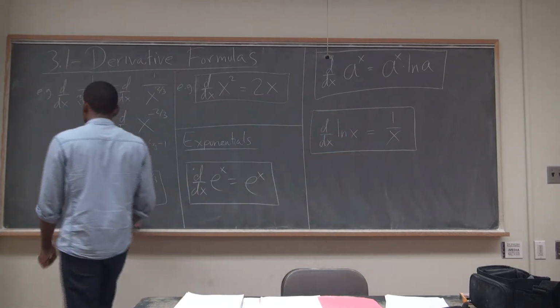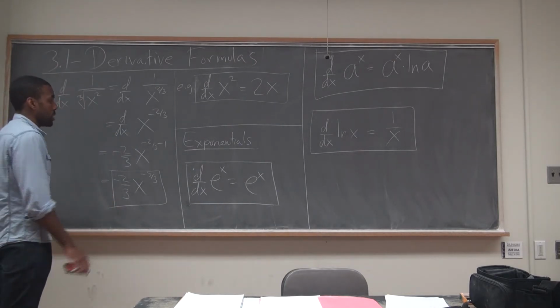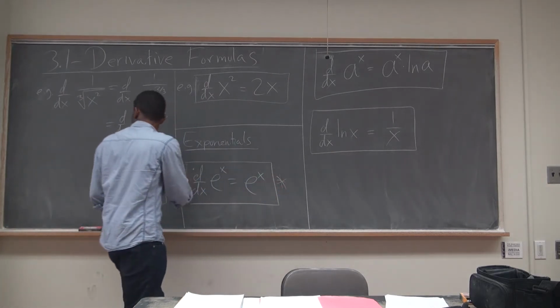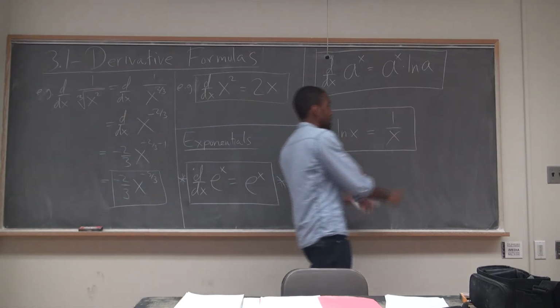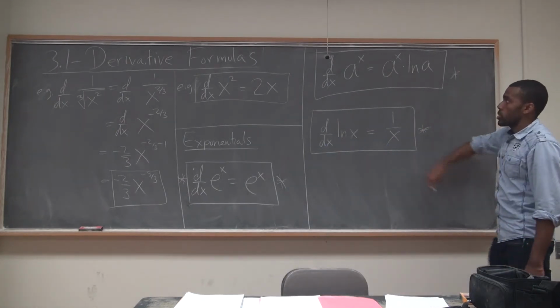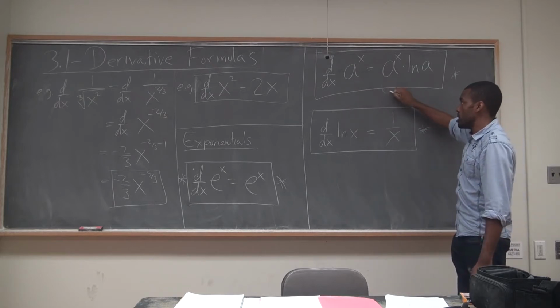They couldn't give you the real proof, so there are a lot of subtle things going on in the background. But something like this, you need to know. The derivative of ln x, you need to know. The derivative of this, you need to know. This pretty much applies to a being any constant, including e.